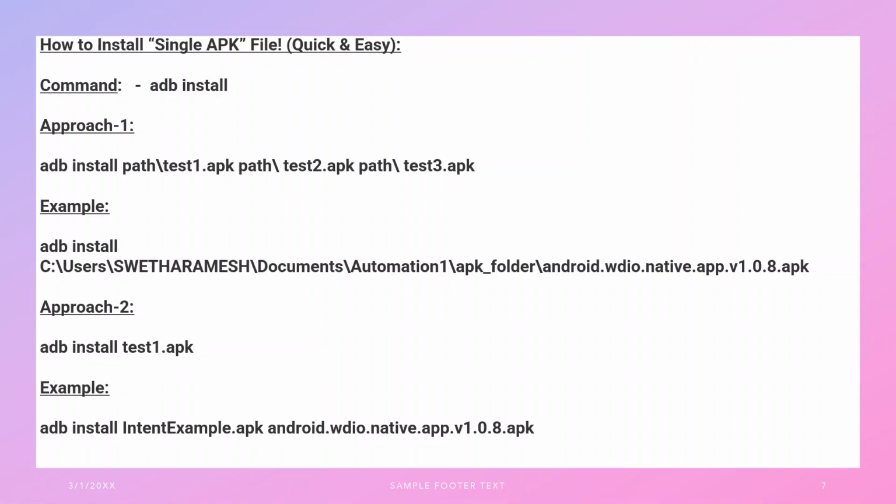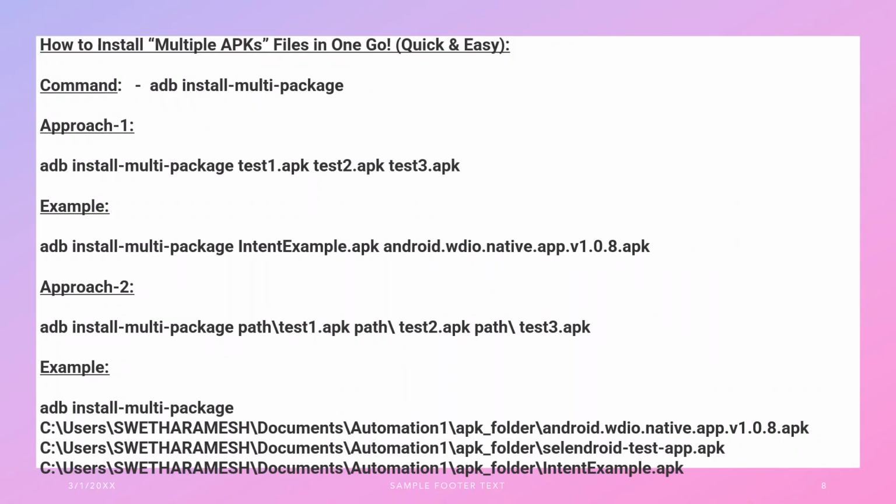Now I want to install multiple APK files. So we'll see what the command is. If you want to install multiple APK files, we have to use adb install-multi-package. This command I have to use. Here also we use two approaches to install.